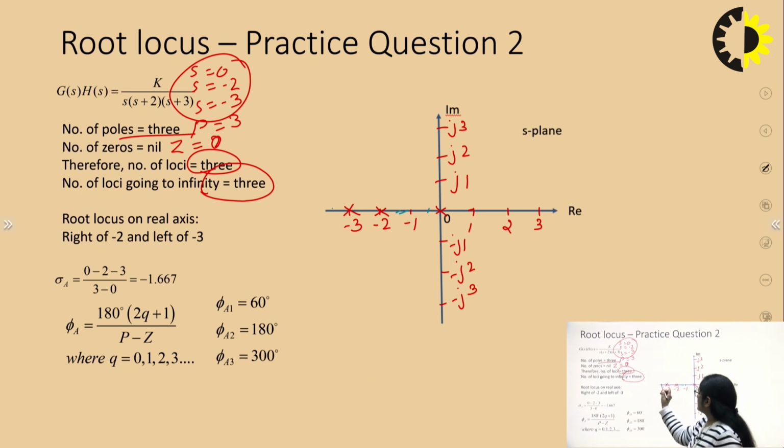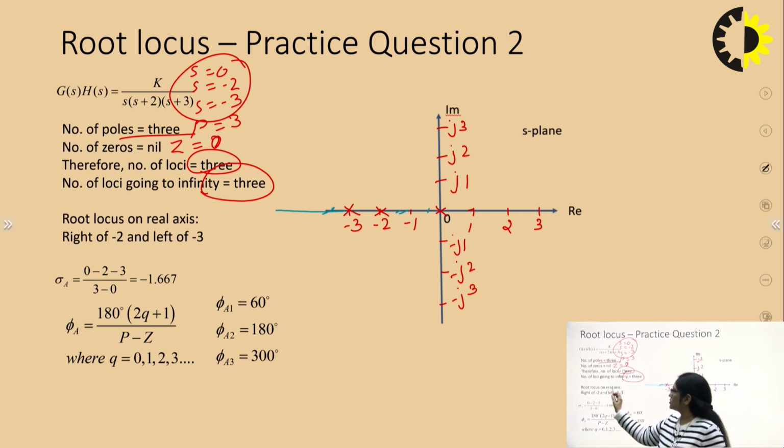And now when I start looking from -3, when I look to the right side of -3, I find that the number of poles plus zeros, that is 1, 2, 3, is an odd number.